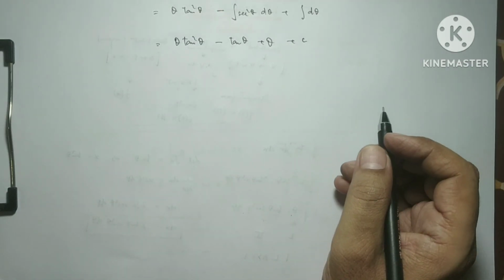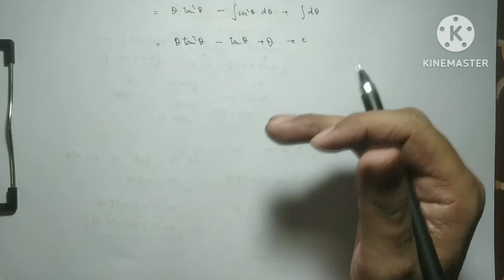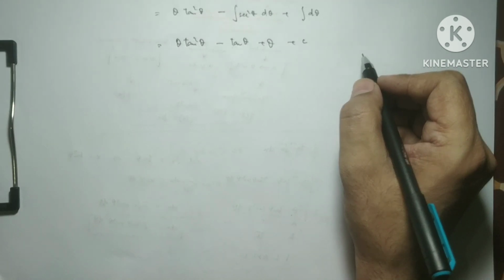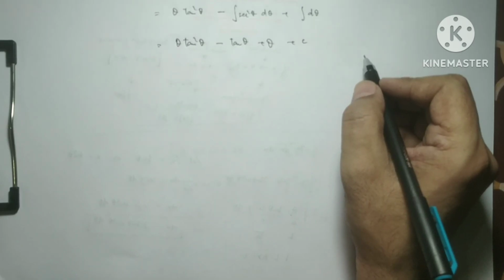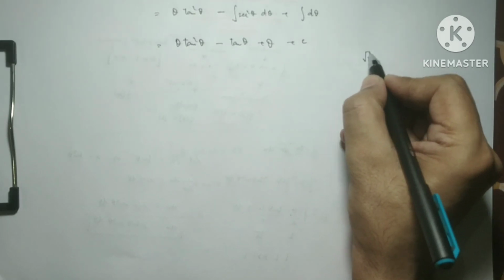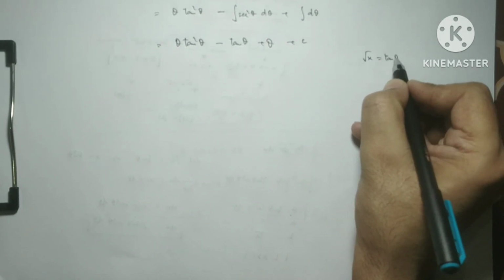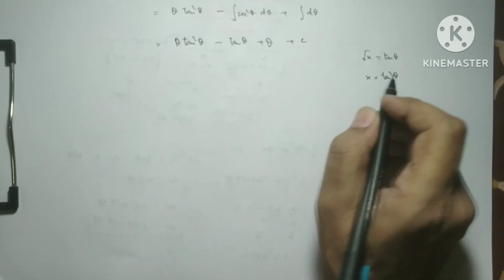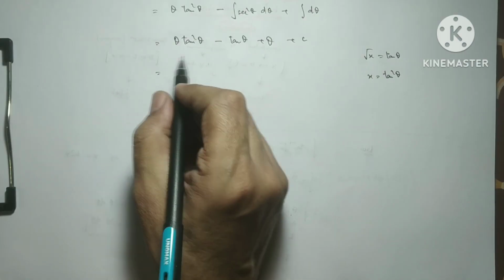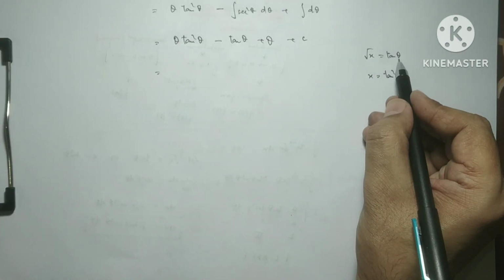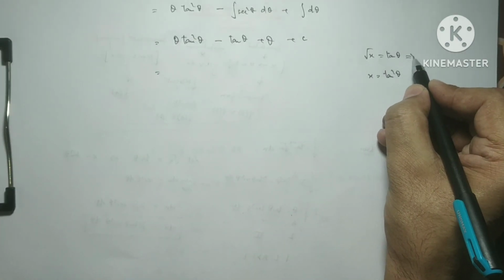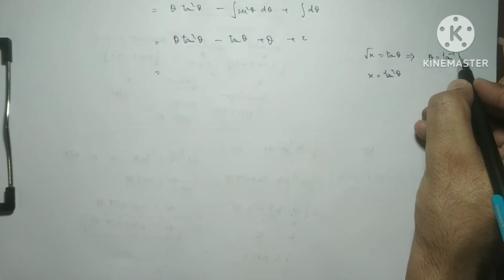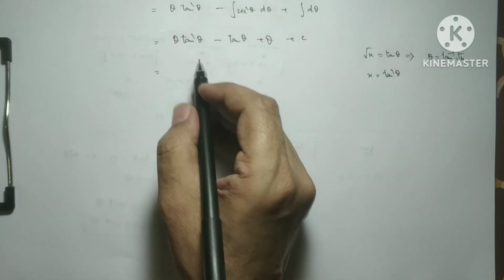So according to our first substitution, we have the value root x as tan theta. So x is tan square theta. Means when we substitute this value, theta will be tan inverse root x. So we substitute these values.